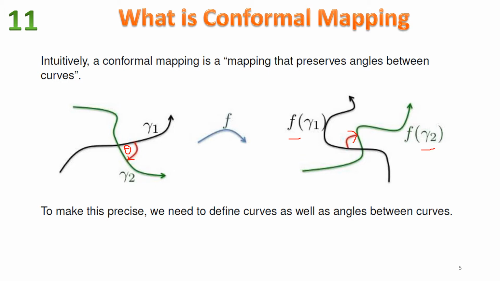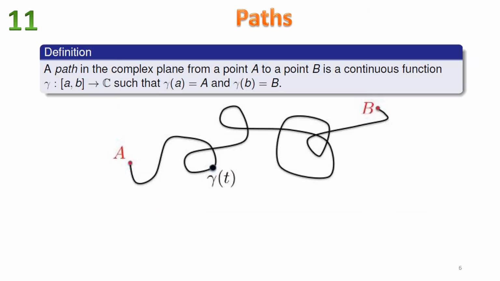Now to make this discussion more precise, we need to define curves and then angle between the curves. A path in a complex plane from a point A to a point B is a continuous function gamma that rolls over the interval A to B. This interval A to B is over a real variable, so this interval is belonging to real numbers.